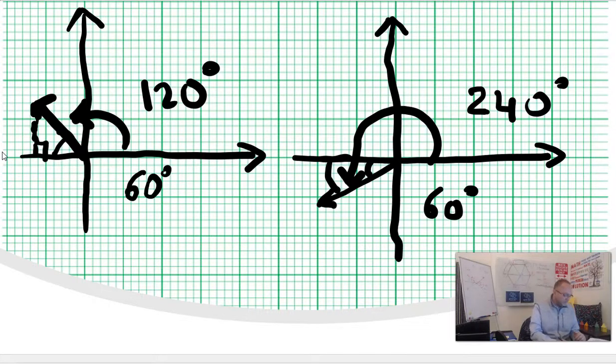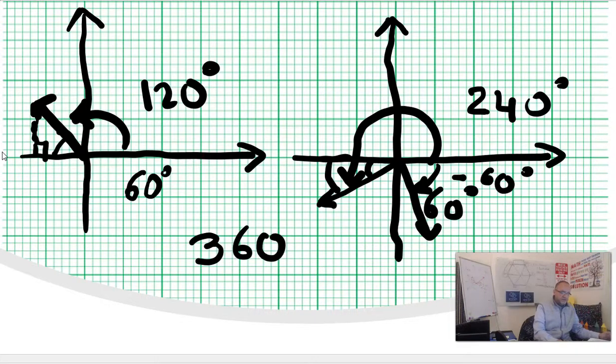Okay? Now, in quadrant 4, if you have an angle, let's say, that is here, and you go clockwise, minus 60. If you go clockwise minus 60, what do you do? You go 360 degrees minus your 60.